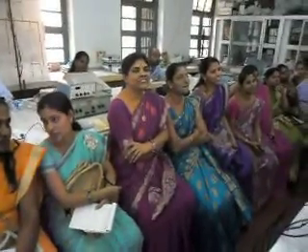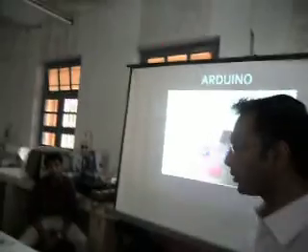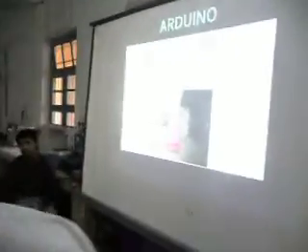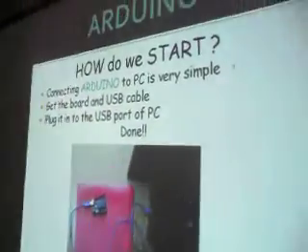Now, usually we have seen that most boards or any microcontroller, when connecting to any programming device, require quite a lot of cables, like for instance serial ports or USB ports. It's very simple in this matter. You just connect the USB to your computer, like you see over here, and to the board.